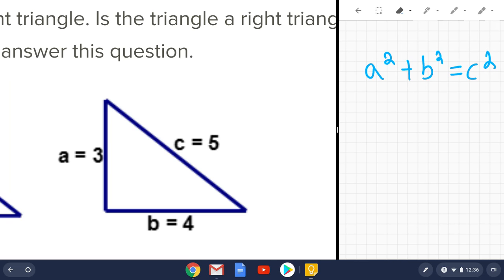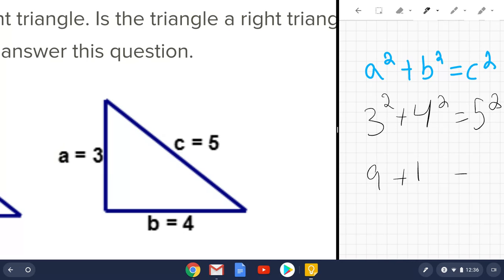So let's do this math. A equals 3. So we have 3 squared plus 4 squared equals 5 squared. So now let's figure out our exponents, order of operations here. What's 3 squared? What's 3 times 3? 9. Plus, what's 4 squared? 4 times 4? 16.